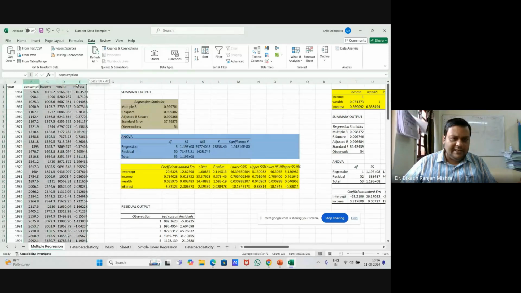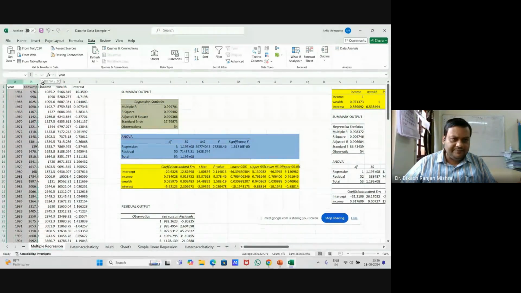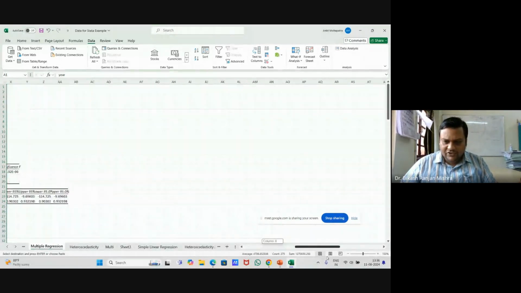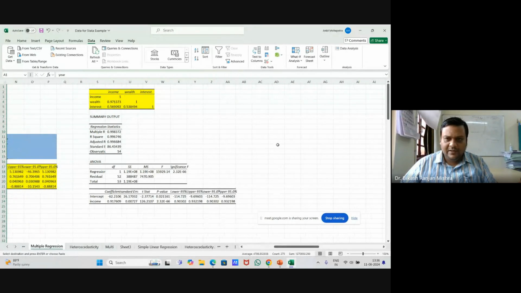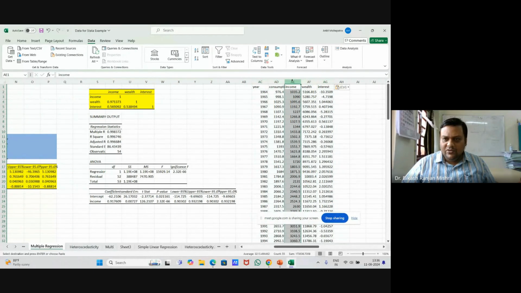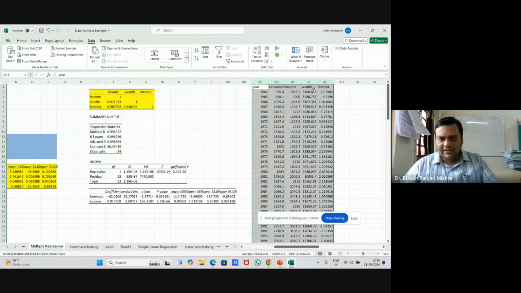Let us break this analysis altogether. Let us copy this information somewhere here and then paste over here. So consumption to income is over. For the rest, copy the same thing and paste somewhere here.